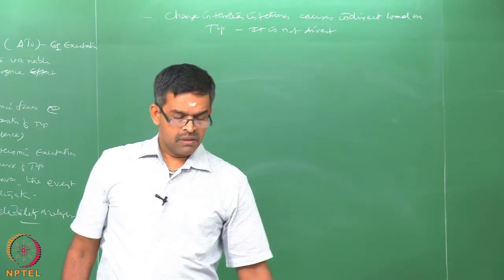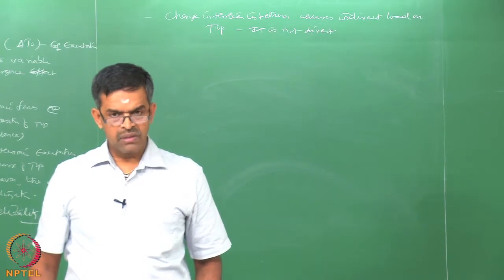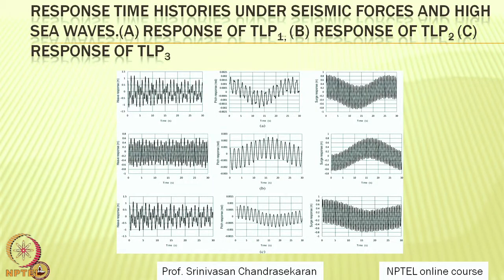Kindly pay attention to the response time history under the seismic forces and distinctly high sea waves. There are 3 sets of figures here. First set shows TLP 1, second set TLP 2, third set TLP 3. For our understanding, TLP 1, 2 and 3 are located at different water depths as shown in the previous table earlier.